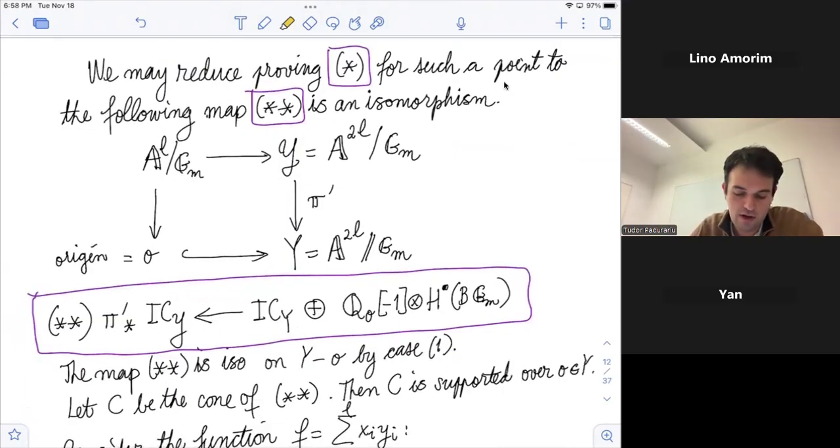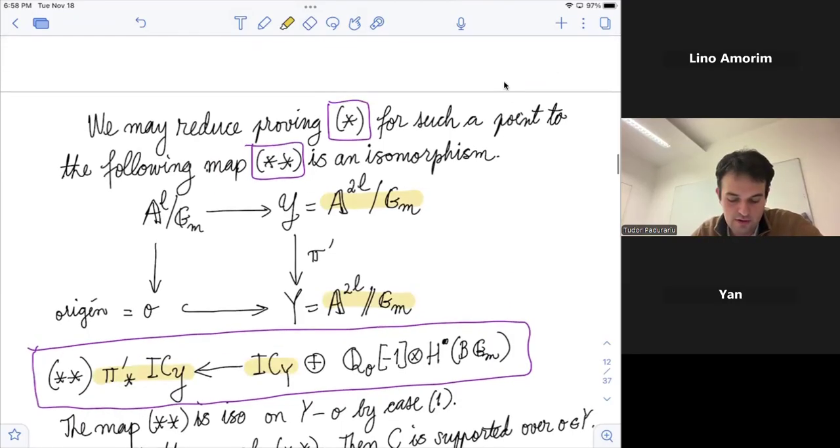So now this stack is A^(2L) quotient Gm, where Gm acts with weights 1 and -1. And we take its affine quotient. So we need to compute the pushforward of IC of this stack. Again, we'll have a contribution from IC of Y. Again, Y in general is singular, so it's a genuine IC sheaf.